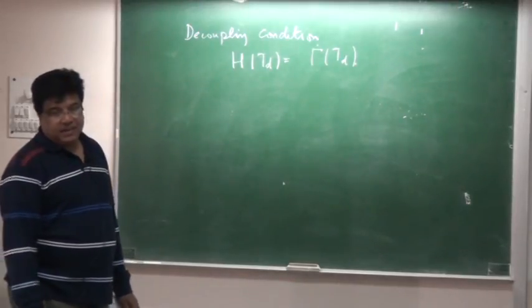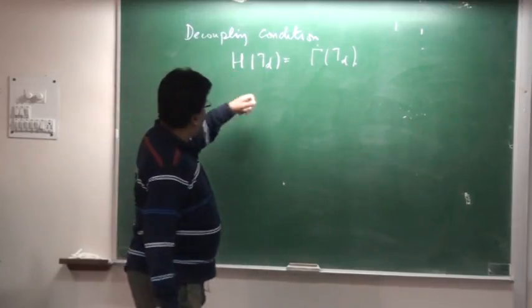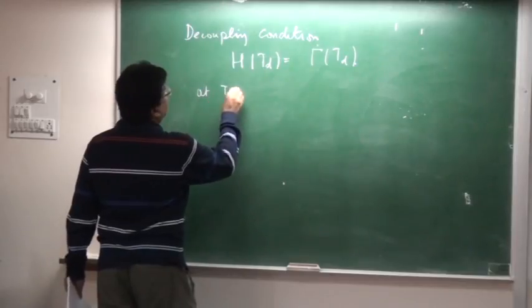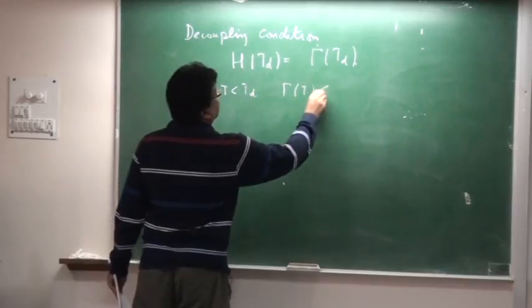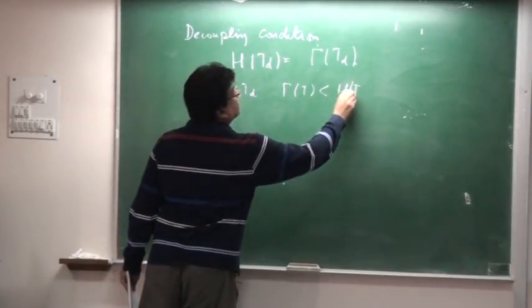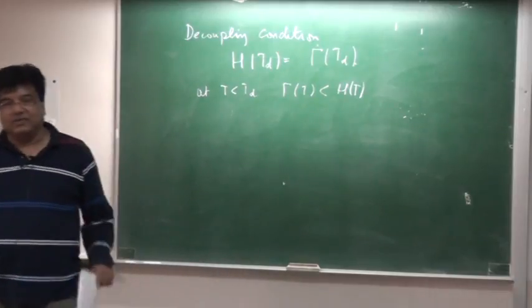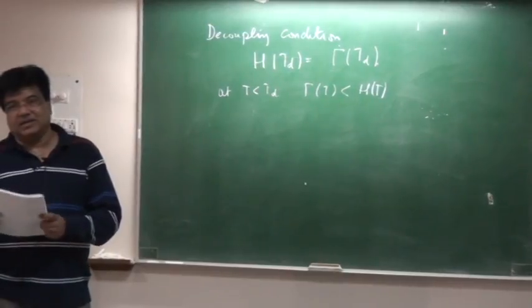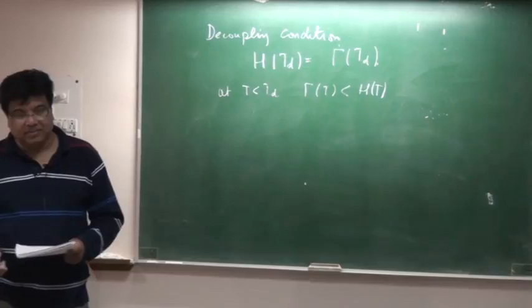At T less than T_D, gamma is less than H. That is what is called decoupling: even though the interactions are taking place, they become too feeble, so the only change in the number density is because of the expansion at that point.